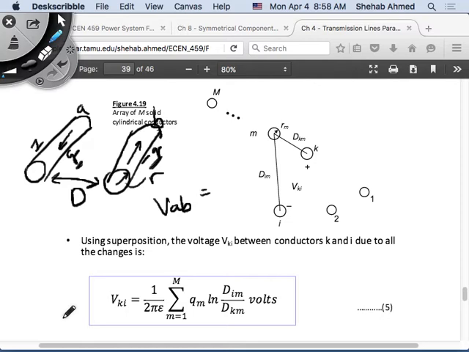Yours is correct. I feel there should be something fixed with the DAB. It should be D plus R, right? No, forget about the plus R. The distance between them is D, the distance between the two cores.